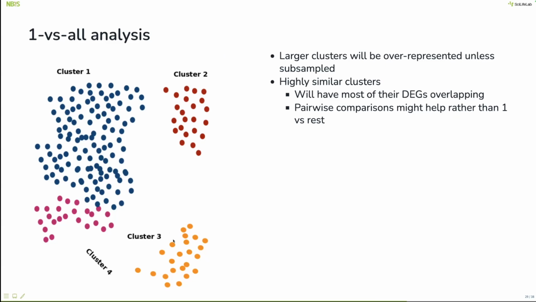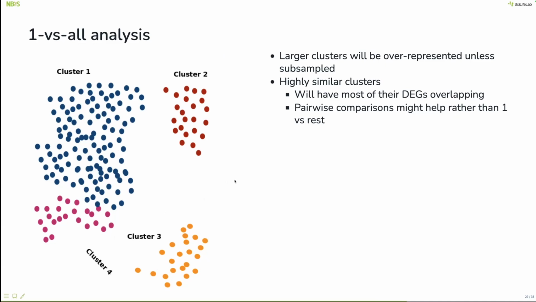So if you compare cluster 3 to all the others, unless you subsample, a lot of the differences that you see will be the differences between cluster 1 and 3 and not so much between the other ones. And you'll see how to do that in the exercise as well.